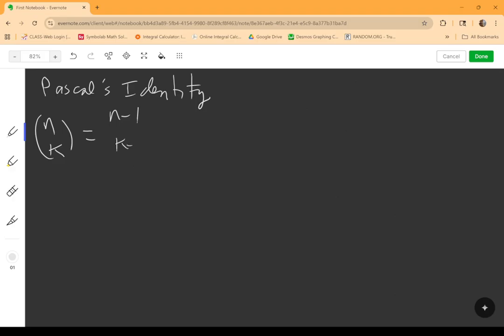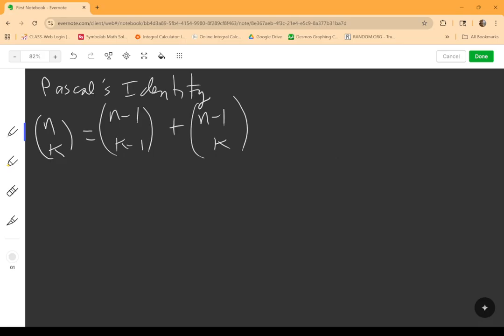For example, let's take a look at Pascal's identity, which states that n choose k is equal to n minus 1 choose k minus 1 plus n minus 1 choose k. One approach to do this is to do it strictly algebraically.